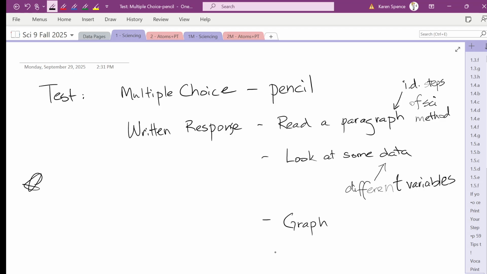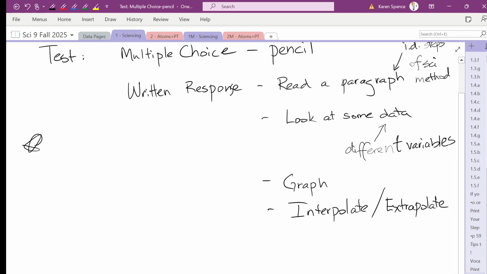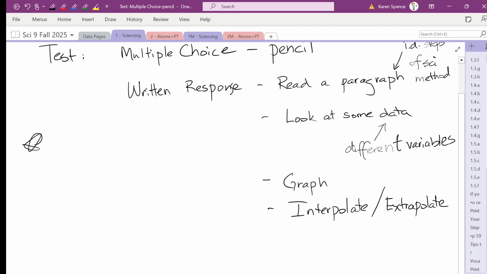So there's going to be a graph. You are going to be asked to interpolate and extrapolate. You will be expected to know all of the vocab, right? That would include things like, on that first vocab quiz, what do we use to measure mass?